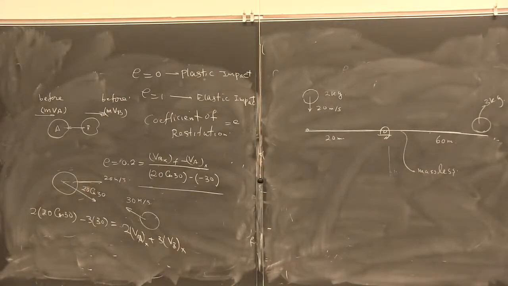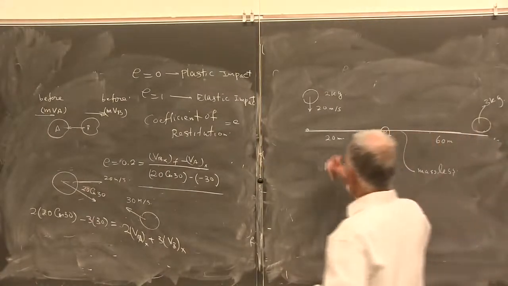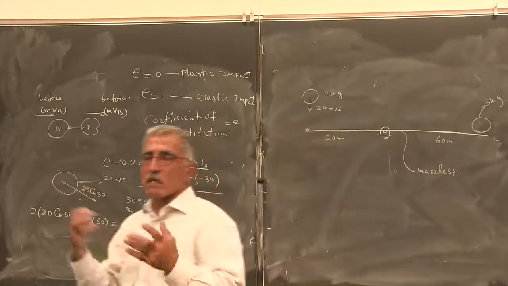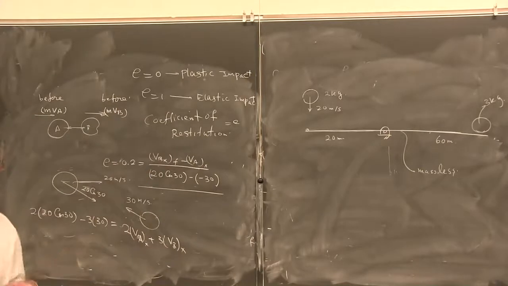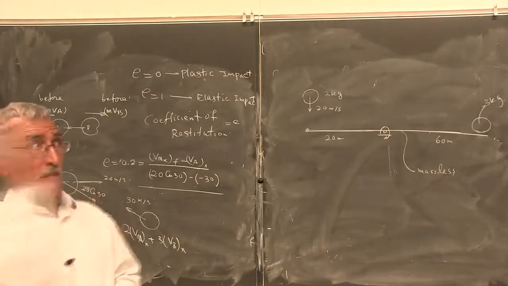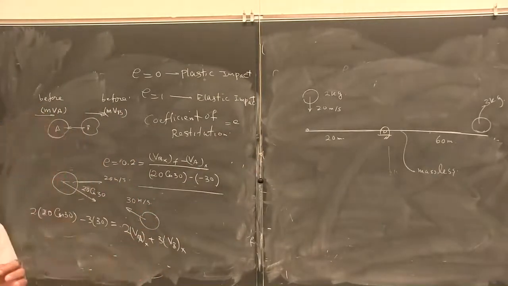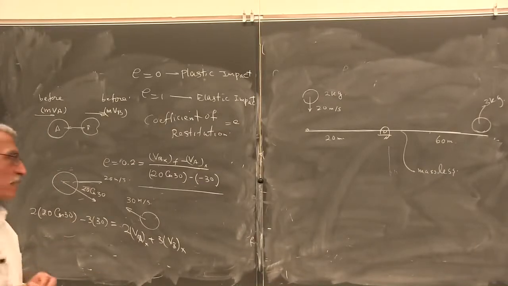And let's say that this one completely sticks to this one. Maybe the collision is plastic. Maybe you have a piece of mud, and you throw that one and it sticks to that piece, and as a result the collision is completely plastic.